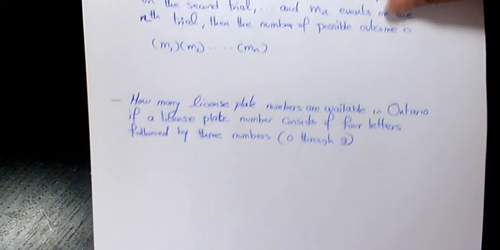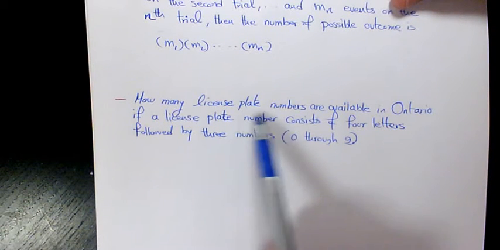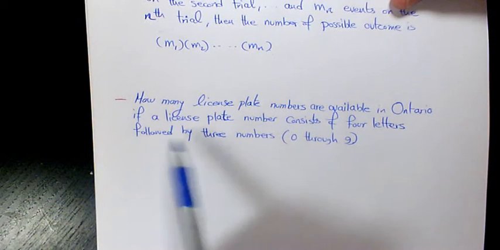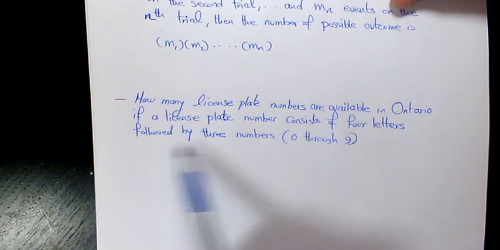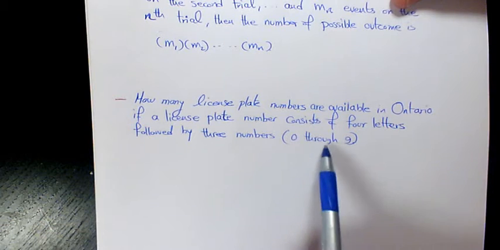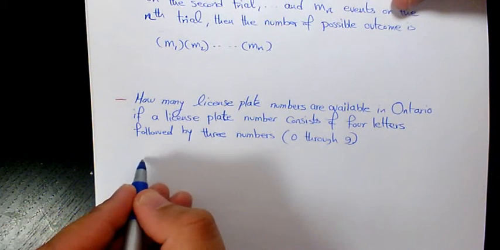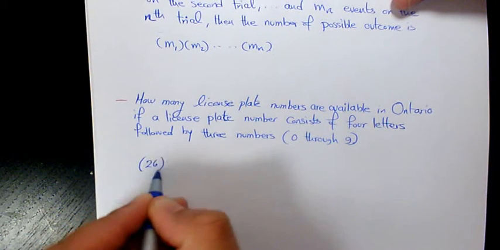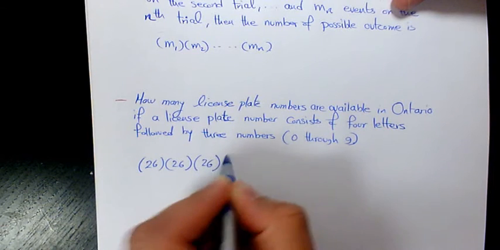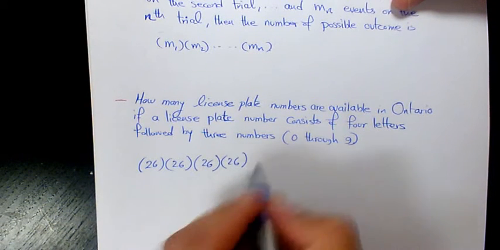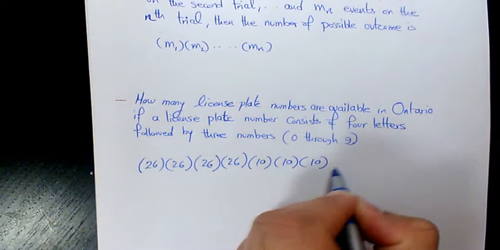Let's see an example. How many license plate numbers are available in Ontario if a license plate number consists of 4 letters followed by 3 numbers, which is 0 to 9? So we have 4 letters, so 26 times 26 times 26 times 26, and then we have 10, 10, 10.